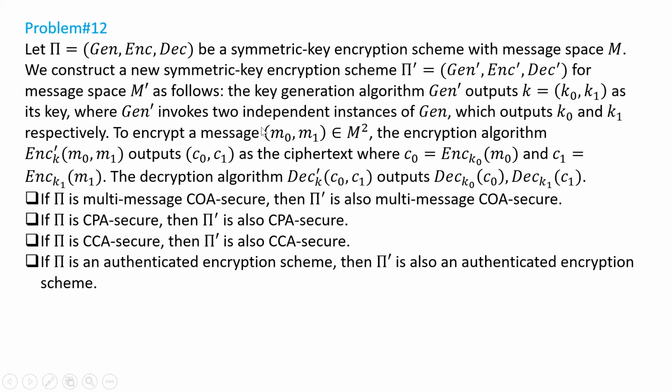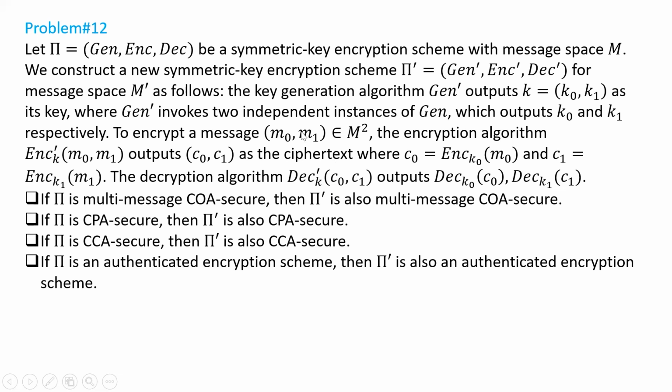So the input consists of two elements from the message space M, m0 and m1, and the encryption algorithm Enc-k of (m0, m1) outputs (c0, c1) as the ciphertext, where c0 is equal to Enc k0 of m0 and c1 is Enc k1 of m1. The decryption algorithm Dec-k of (c0, c1) outputs Dec k0 of c0 and Dec k1 of c1.